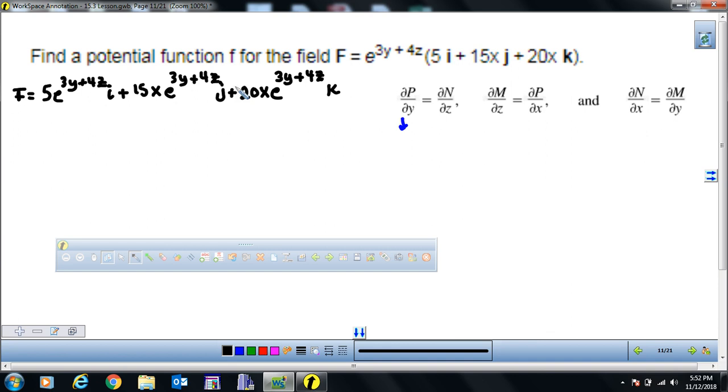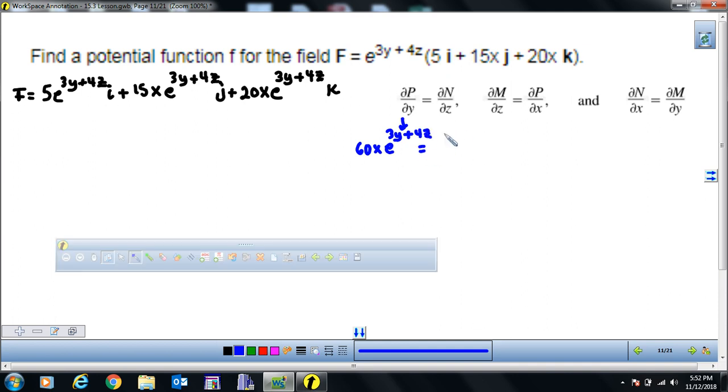So then we're going to start by getting the derivative of the last component with respect to y. So the derivative with respect to y would be 3 times 20x, which is 60x, times e to the 3y plus 4z.